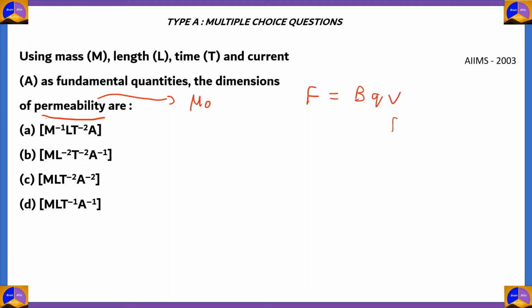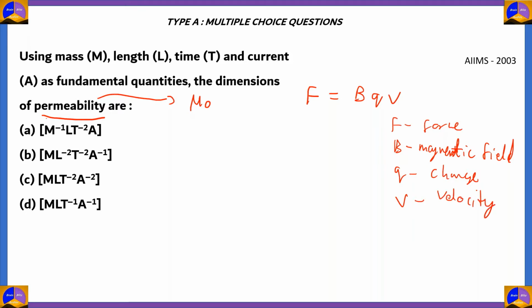And where F is force, B is magnetic field intensity, Q is charge, V is velocity. So that's that.